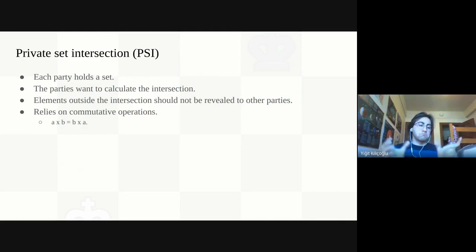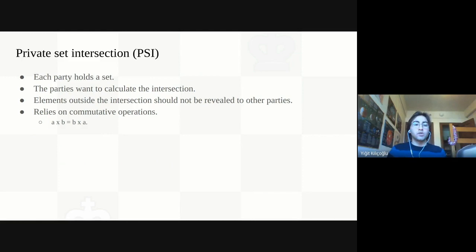You have a private value. Let's say you can call it A for yourself, player 1, and player 2 has another private value B, and they apply the values to their own sets, and then they exchange these values, and for example, player 1 applies A to the values that it receives, and player 2 applies B to the values it received, and then they compare if any of the outputs are the same.